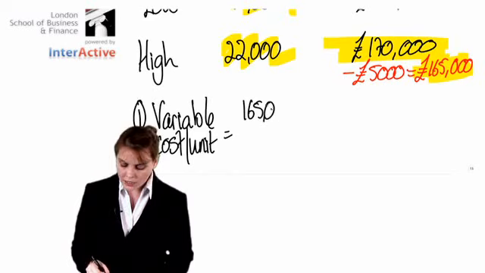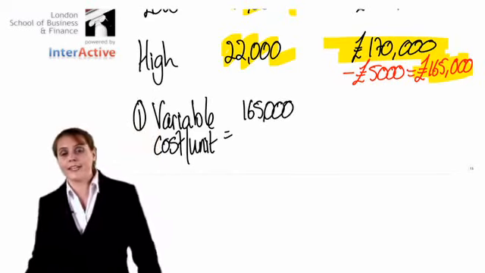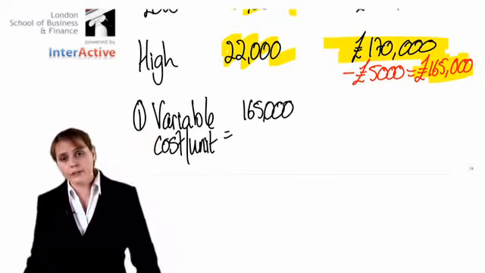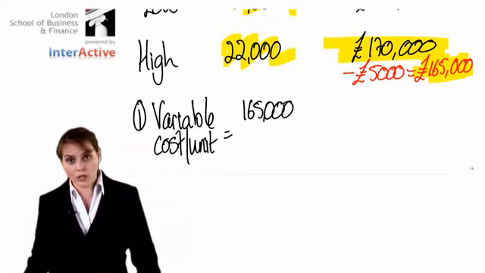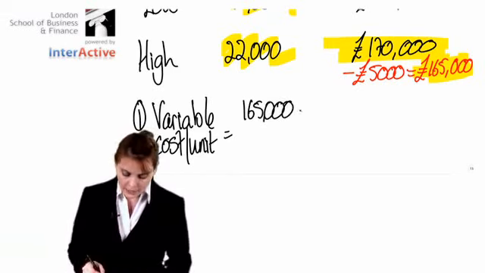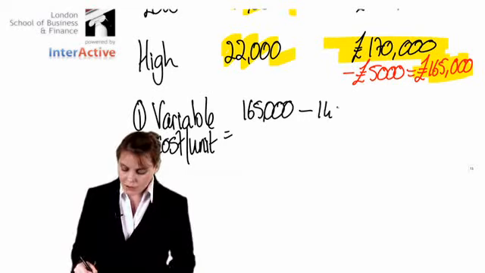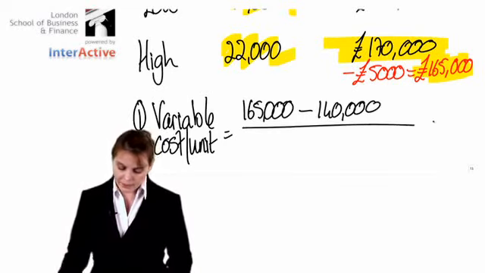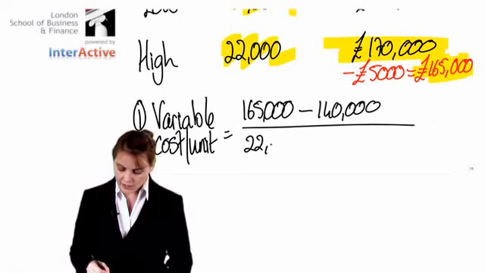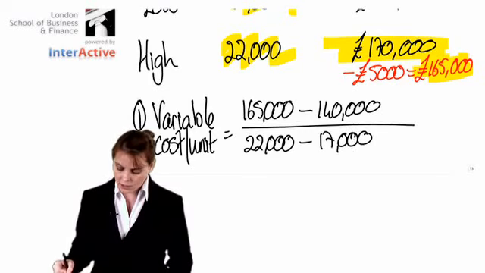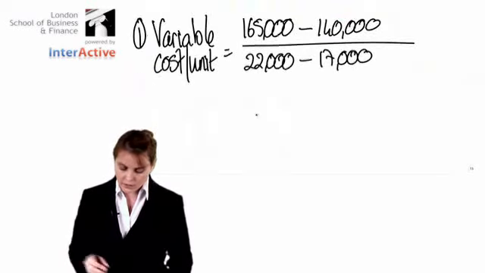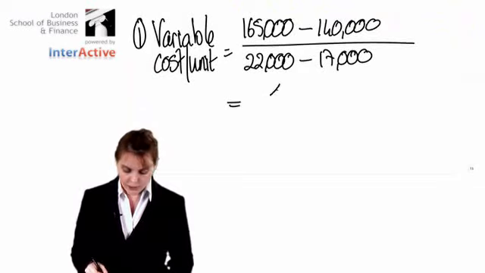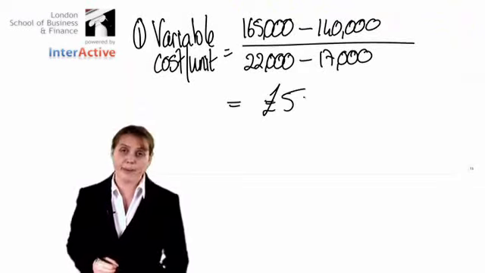So our total costs at the high level of activity, and you must remember to use the adjusted total costs, minus our total costs at the low level, 140,000, divided by our activity at the high level minus our activity at the low level. So our variable cost per unit then is £5.